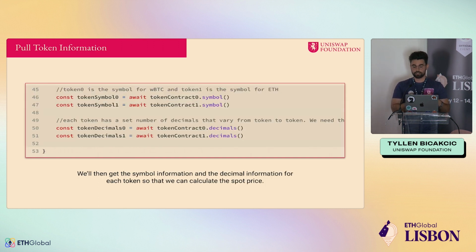So what we're going to do here is we're going to get the symbols for each contract, so WBTC and ETH, and then we're also going to get the decimal information. Decimal information is pretty important in crypto, and it's a good thing to note as you're working with Uniswap. It really impacts the formatting of how certain tokens look and operate, or even feel.